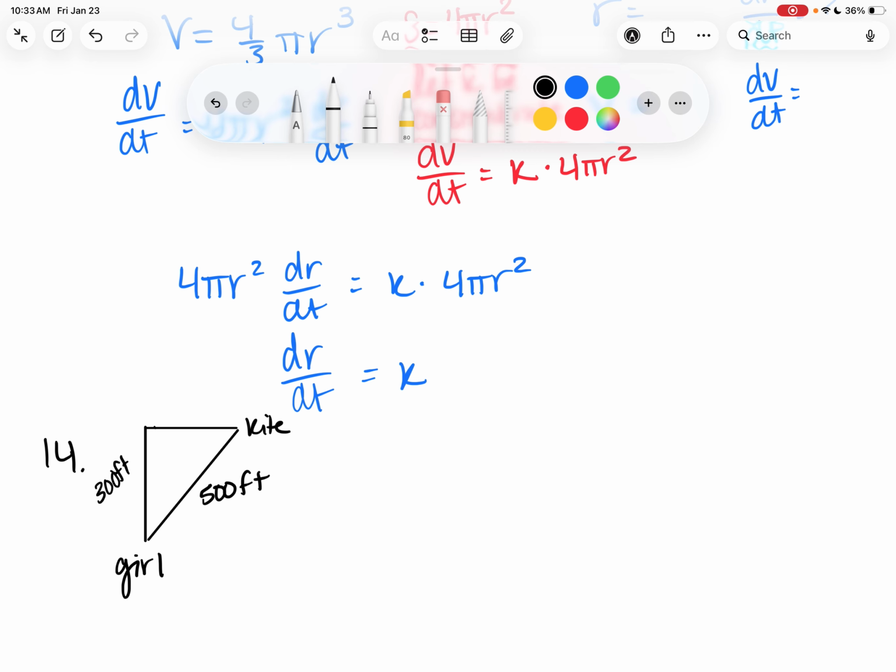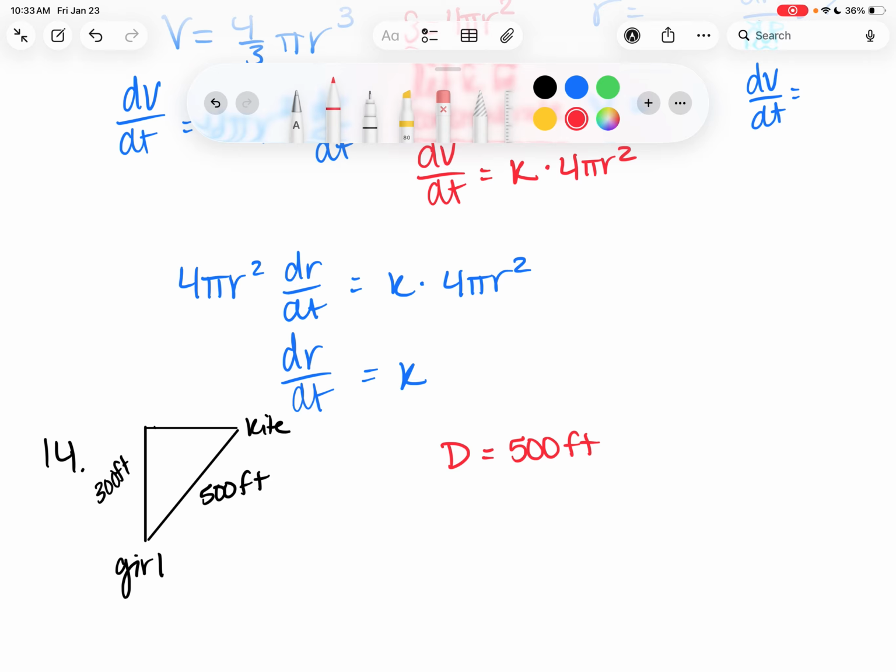So, make sure I have everything. Oh, and then the rate of 25 feet per second. So basically we've got, I'm just going to use D for distance. So the distance of the kite is 500 feet away.